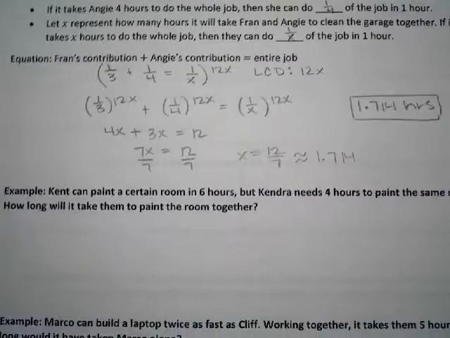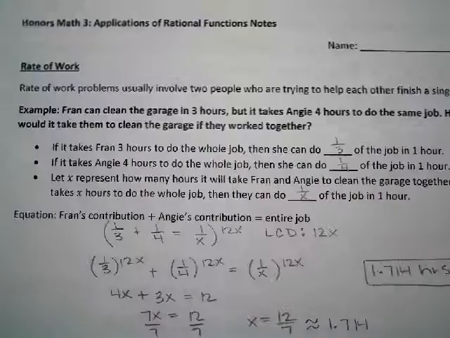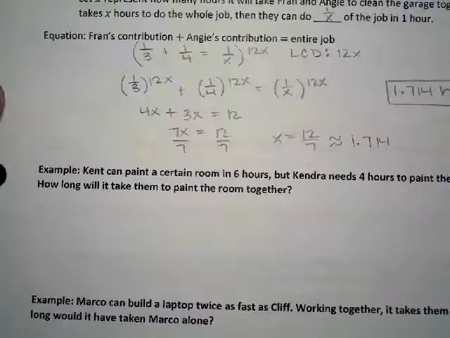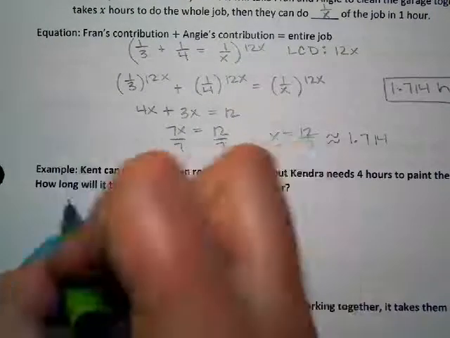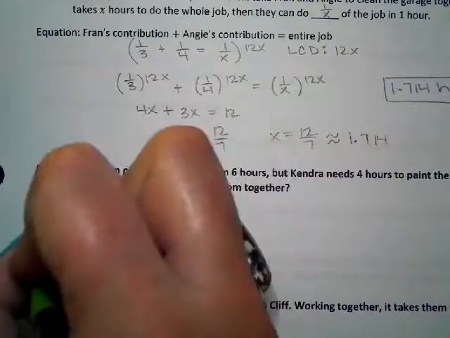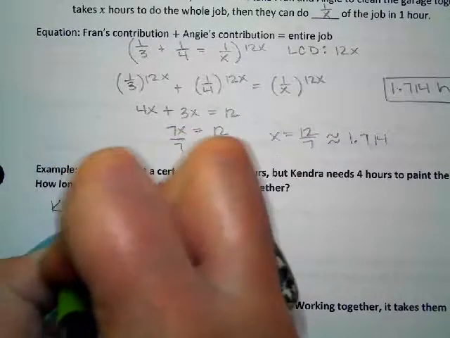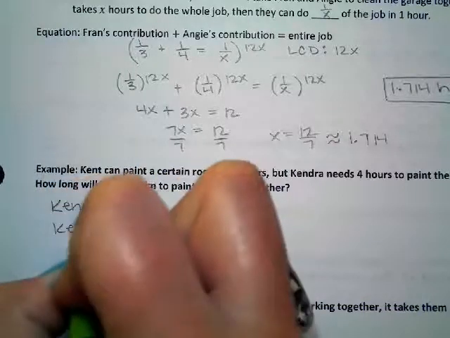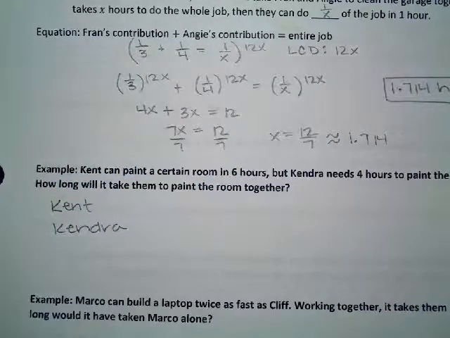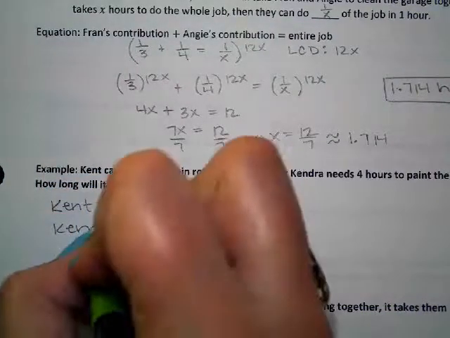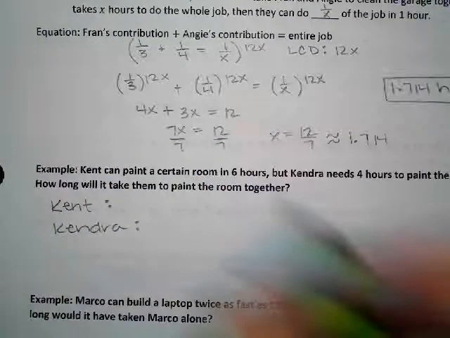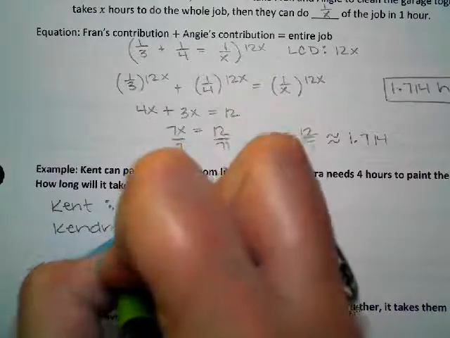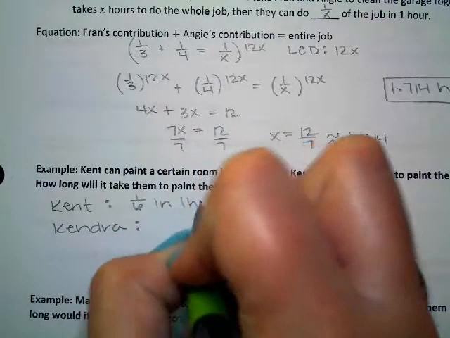Okay, so just to make the process of going through this a little bit shorter, I'm going to walk through it again, but condense it a little bit. So here we have Kent and Kendra, and they're going to be painting. Kent can paint the room in 6 hours, so he can do 1/6 of the room in 1 hour.